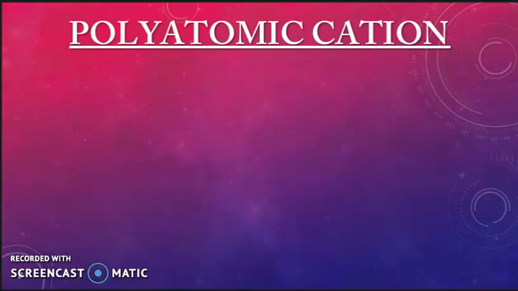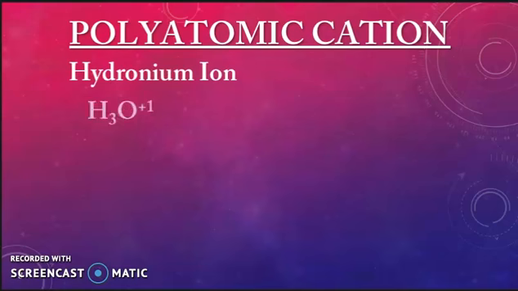Okay, now here is another polyatomic cation, and it's one of the few that there are. There are some more, but they're not very common. This one is called the hydronium ion. Its formula is H3O, and again it's a +1, which tells us it has 1 electron that it had to give away.